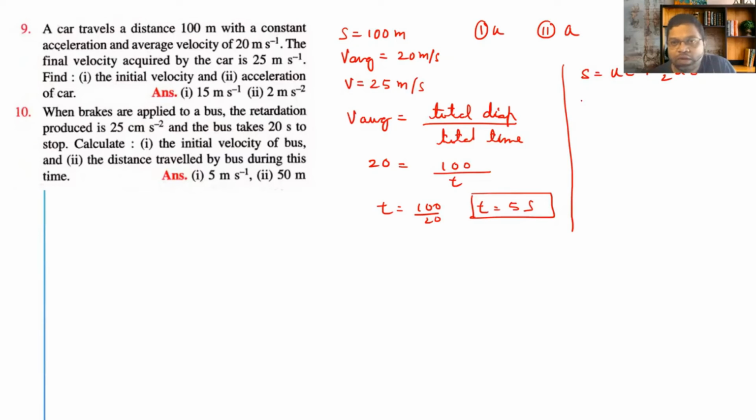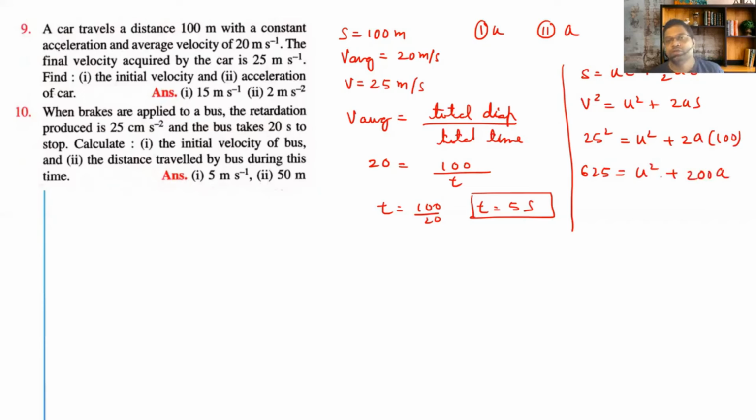The other formula that we have is v square is equal to u square plus 2as. So here you have 25 squared is equal to u squared plus 2 into a into 100. So that is 625 is equal to u square plus 200 into a. So this is also leaving us with two variables.